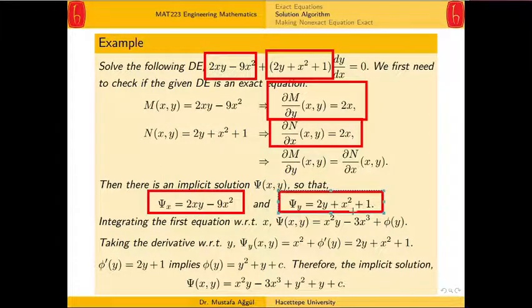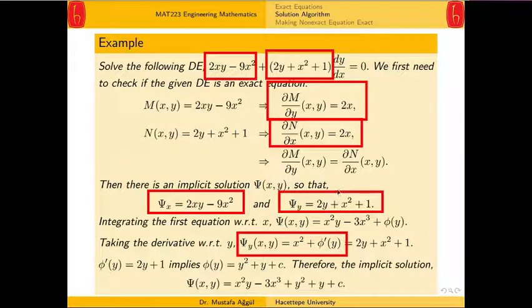So we take the y derivative here, and this has to be equal to that, right? If you take the derivative with respect to y, this will be x squared, and this will disappear, and this will be the phi derivative in y. So this is x squared plus phi prime of y, and this has to be equal to this expression.